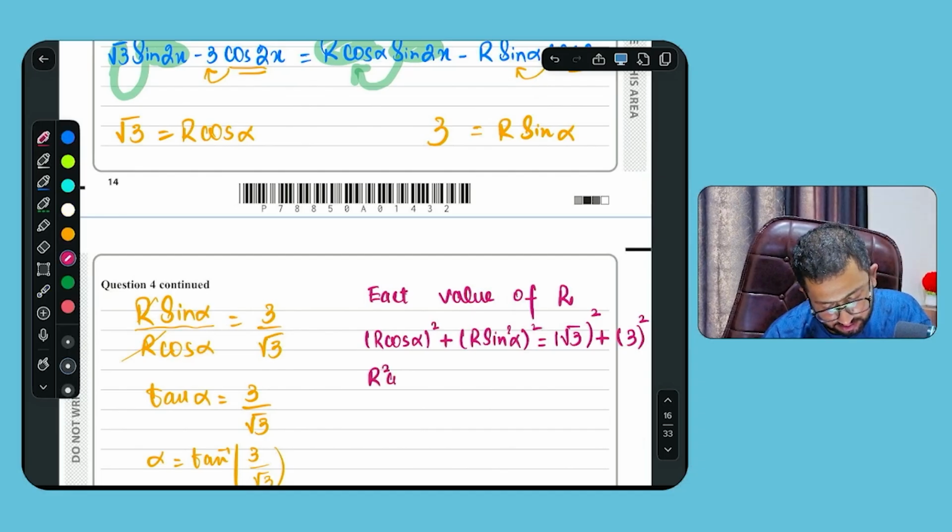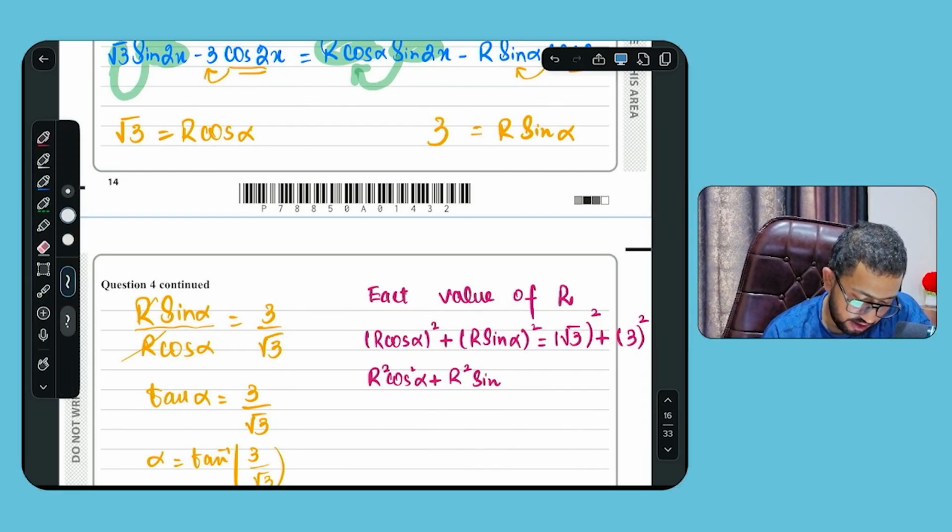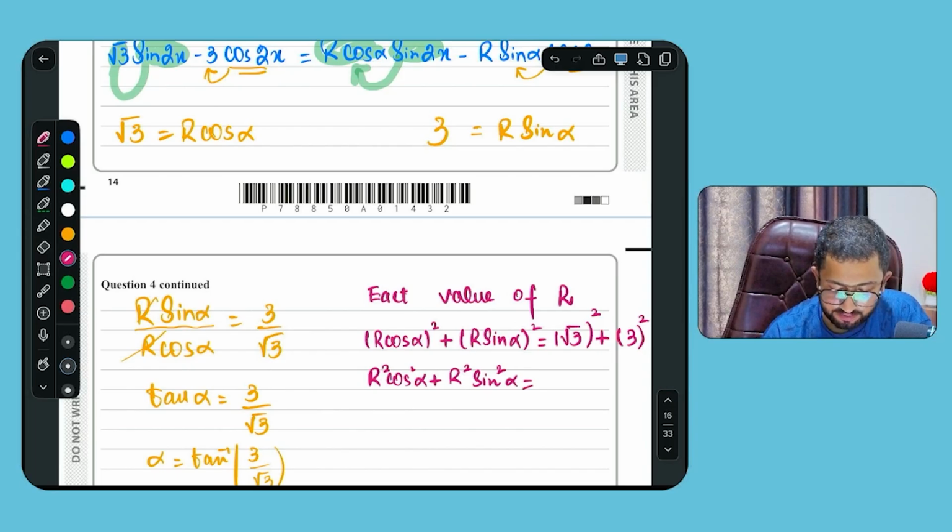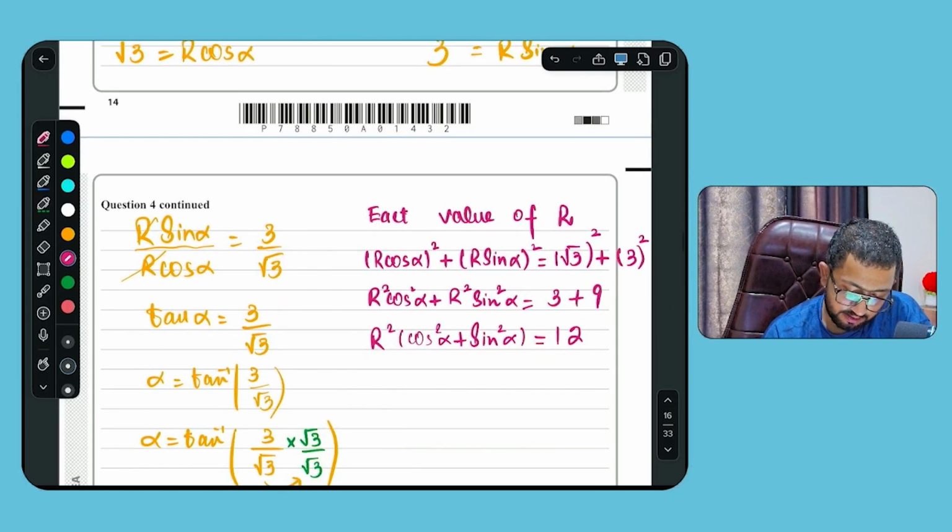So r square cos square alpha, it is not sine square, now it will become sine square alpha. 3 plus 9. Take r square common. Steps will remain the same. It will never change.